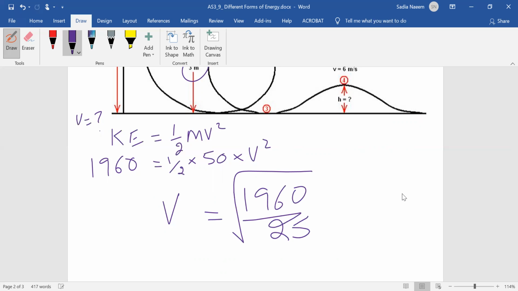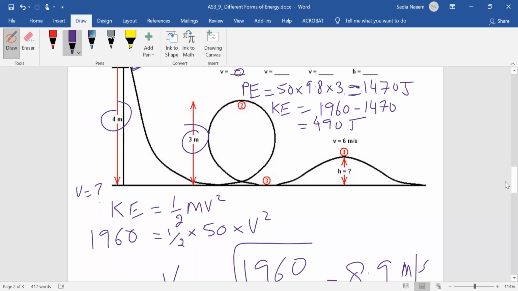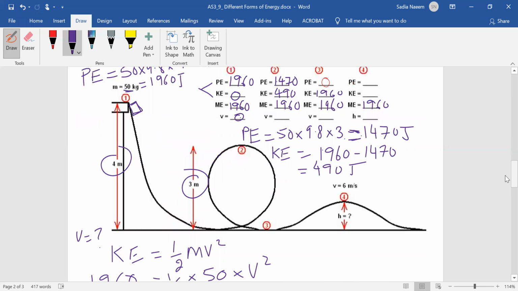You take the square root, which is 8.9, just like the previous step, except the kinetic energy is different. And look, you can check your answer, roughly get an idea if you're on the right track, because this is faster than it was at that height, which was 4.4. This was 4.4, and this is 8.9 meters per second, of course. It's hard to squeeze all this stuff.